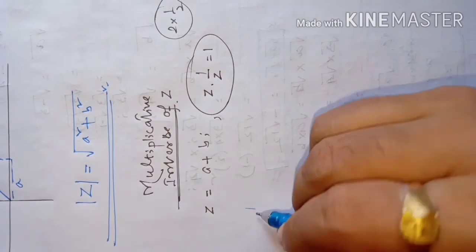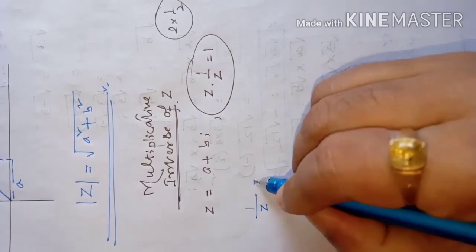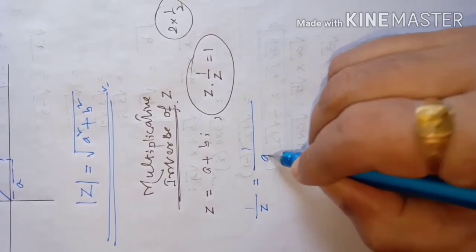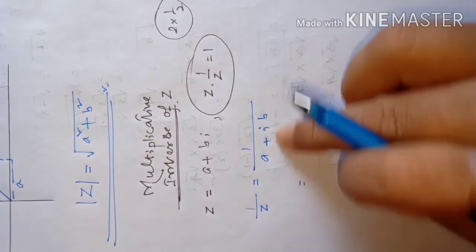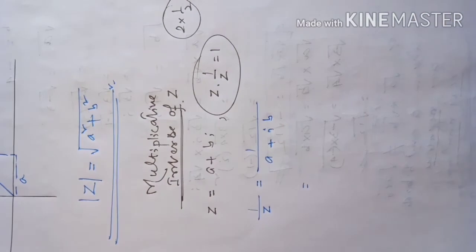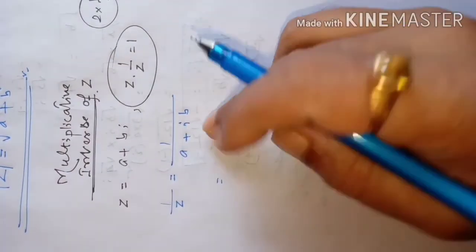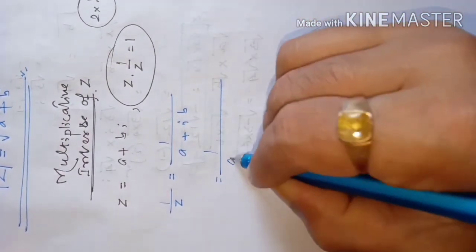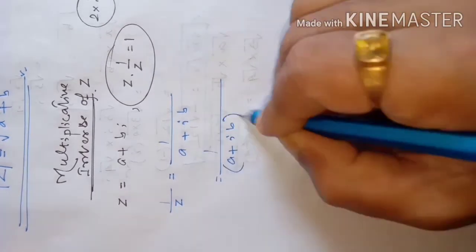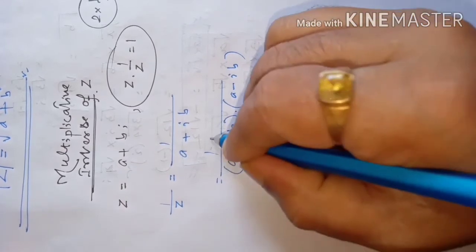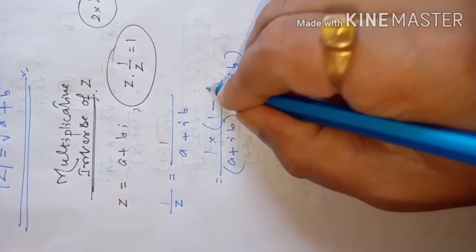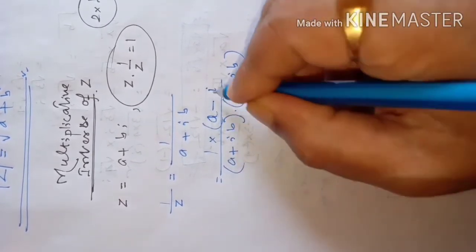So 1 by z means 1 by a plus iota b. Now to make it real, we multiply this denominator by its conjugate. What shall we get? 1 by a plus iota b multiplied by a minus iota b, and the numerator also we have to multiply by a minus iota b.